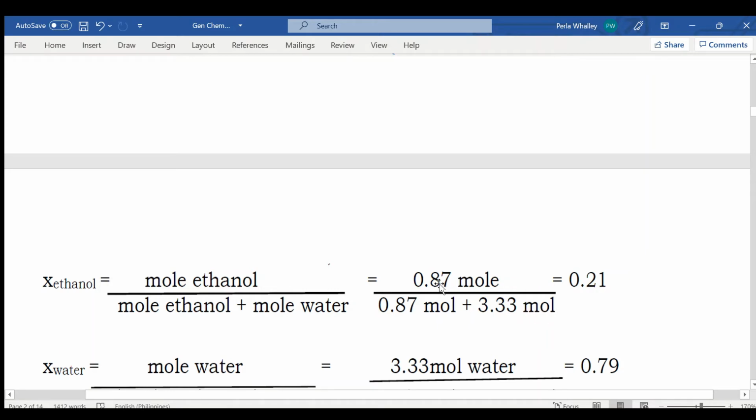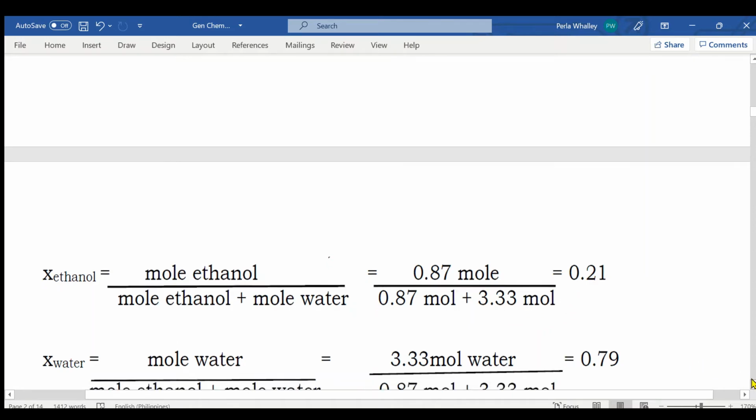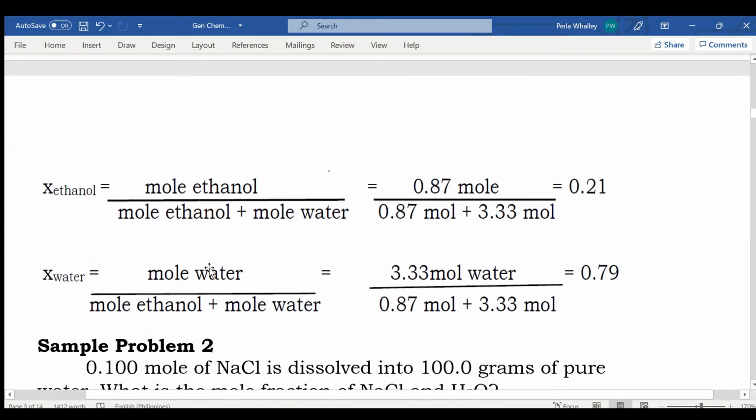So 0.87 divided by 0.87 plus 3.33, that would be equal to 0.21, while the mole fraction of water would be mole of water divided by mole of ethanol plus 3.33 mole of water, that would be equal to 0.79. There is no unit for mole fractions. Okay.